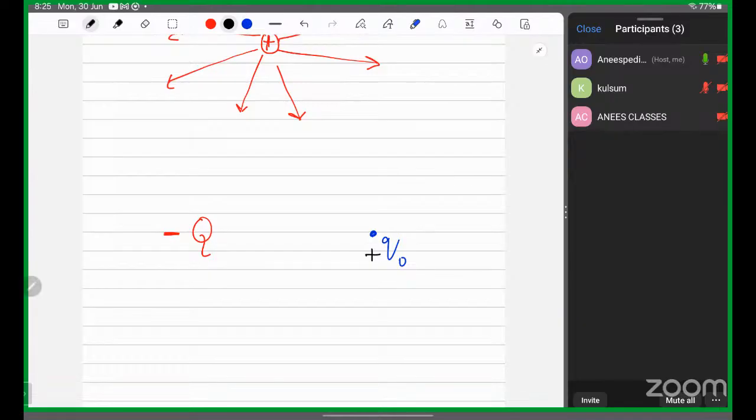Now, if you look at the situation, the multiplication of these two charges, because one of them is negative and one of them is positive, the answer will be less than 0. So Q times Q naught less than 0 indicates that the electric force will be of attractive behavior or repulsive? Attractive. So this will be of attractive nature of force.